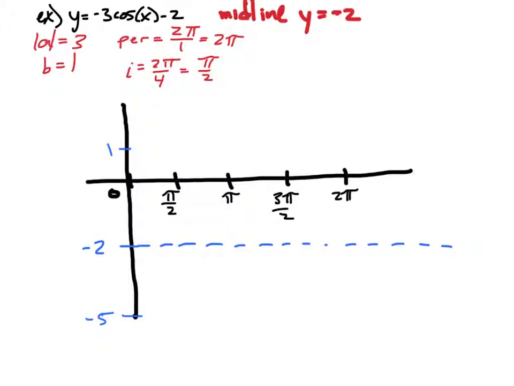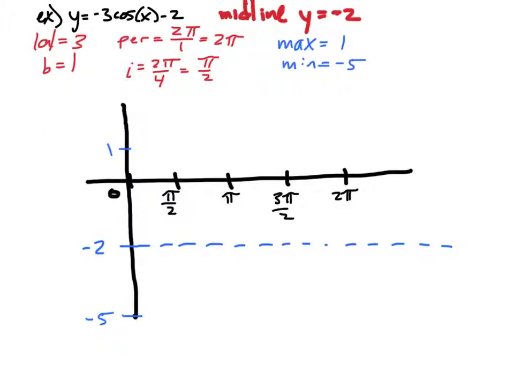Okay, so the max and min values are just found by adding your amplitude to the k. So my maximum value is 1, and my minimum value is negative 5. Now I notice that it's negative 3 cosine.